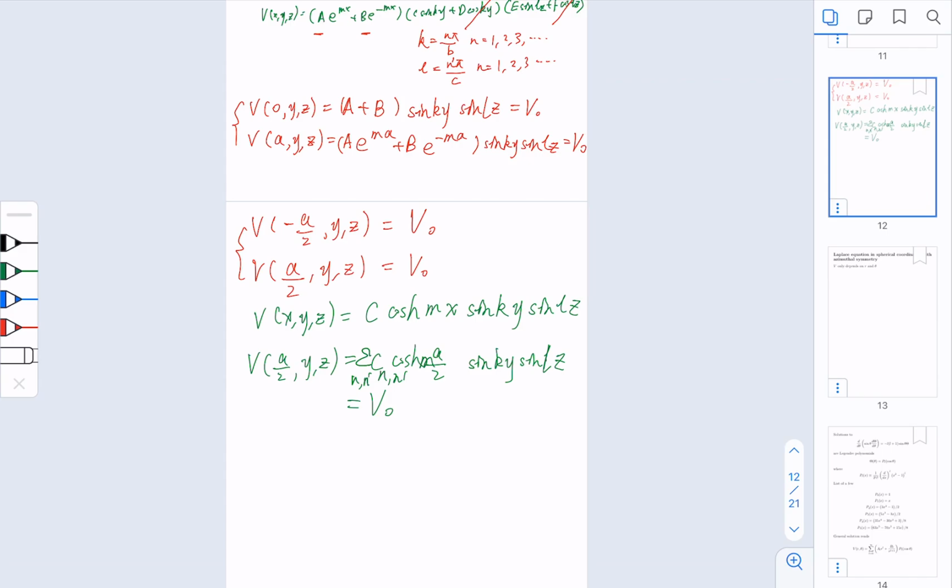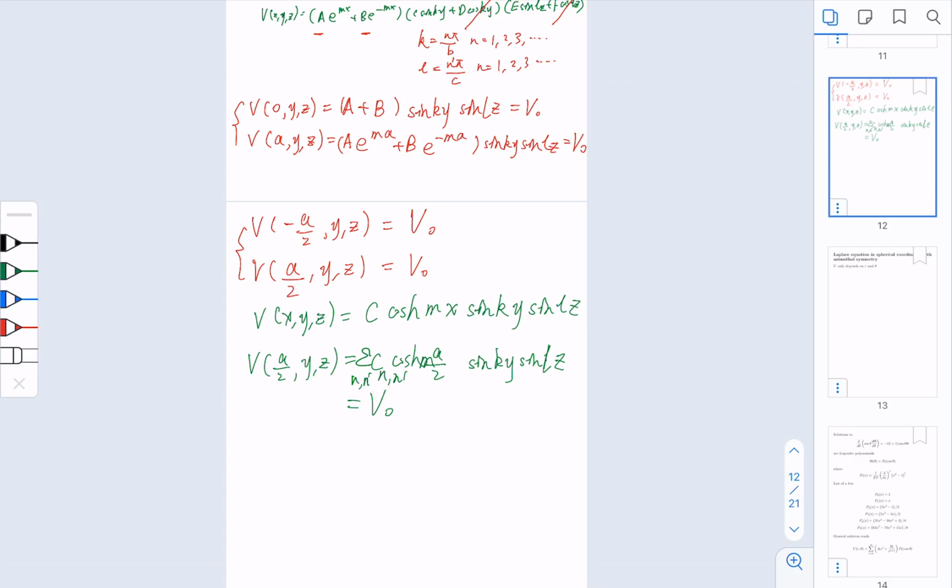So here you can see that this is actually extremely similar to the 1D sine series expression, except that in 1D we only have sine ky and a single sum. And now we have sine ky in one direction and sine lz in the other direction, and the single sum becomes a double sum.